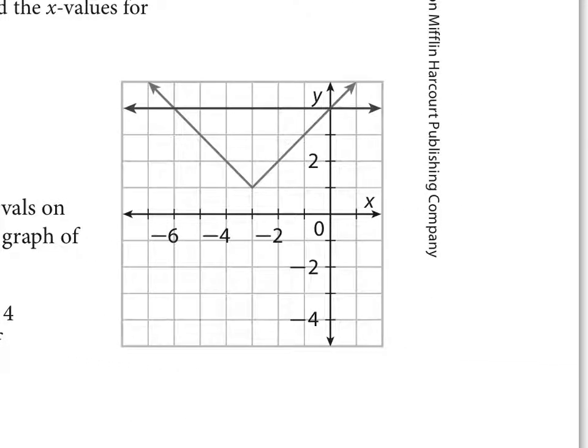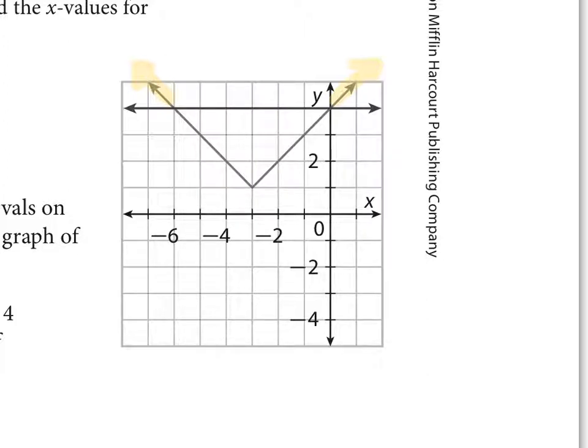So I'm going to go back to the graph here, grab my pen, and we want to know when the V function, I'm going to call it, is greater than 4. Well, that would be right here. So we're talking about the function, the y value, being greater than 4.